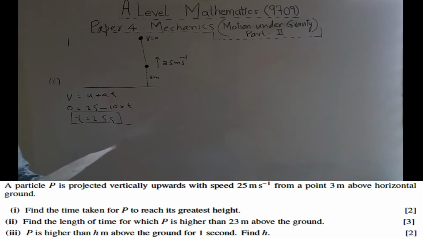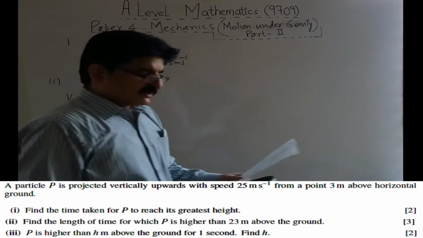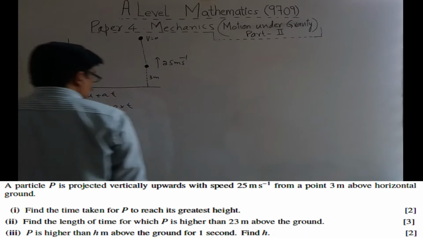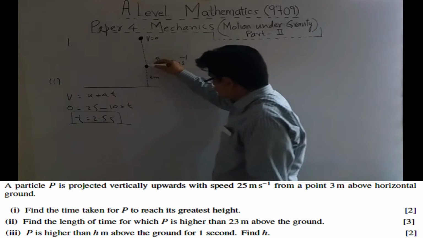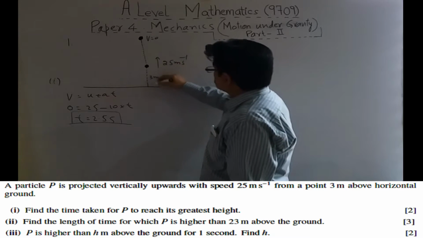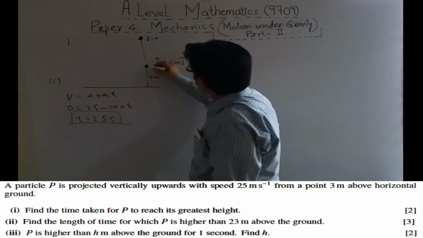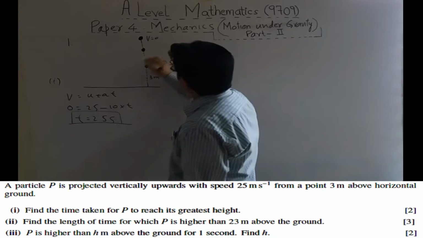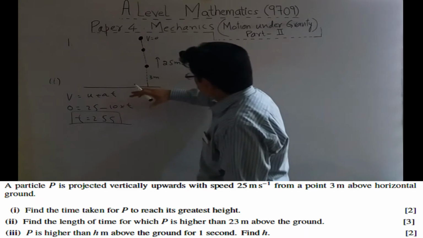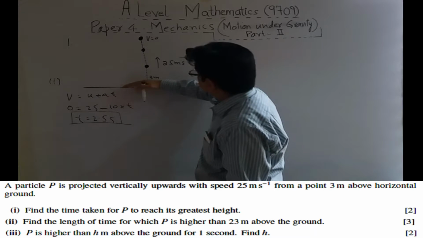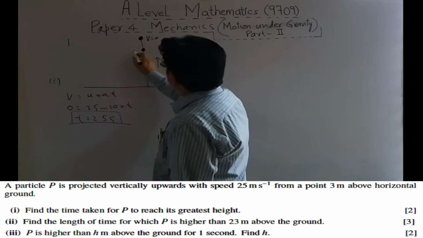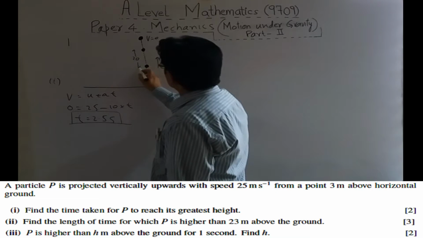Find the length of time for which P is higher than 23 meters above the ground. Now this distance is 3 meters. From here it will reach some place, and please note that this distance should be 23. So this distance will be 20 meters.